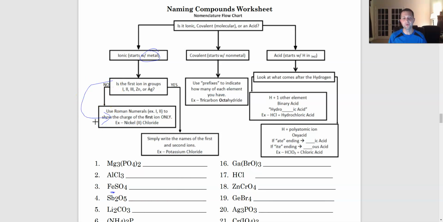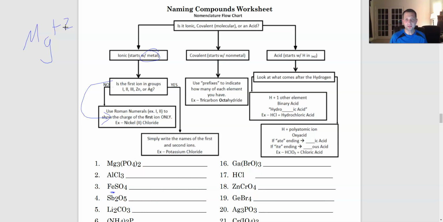It says use the Roman numerals to show the charge of the first ion only. You could also use your Latin endings here, like your Latin roots, your classical naming system, the -ic or -ous endings. But to keep your life as easy as possible, you could just worry about Roman numerals. So why do we have to use them for this example? If you think about it, number 1 and 2, magnesium is always a +2.